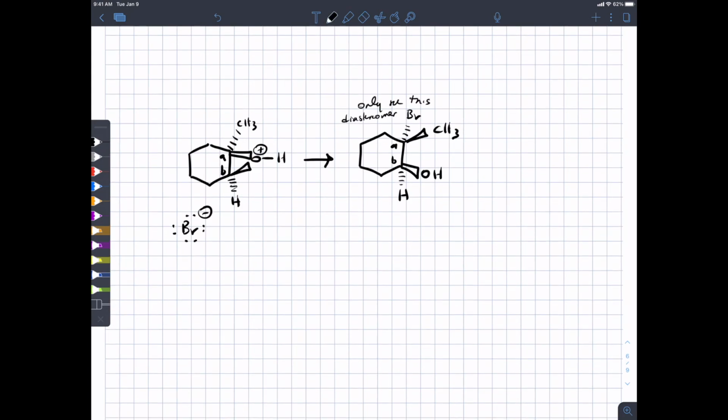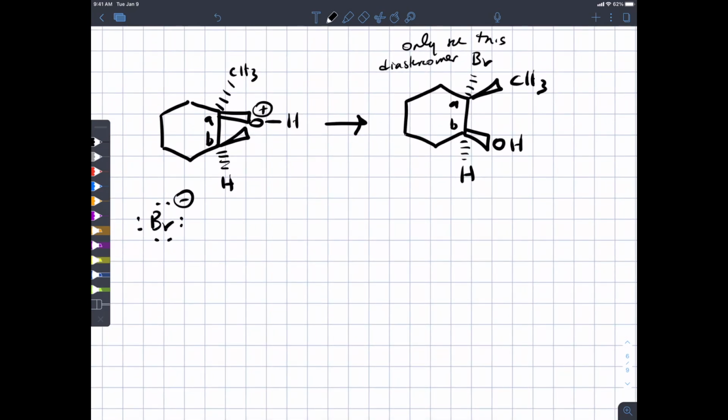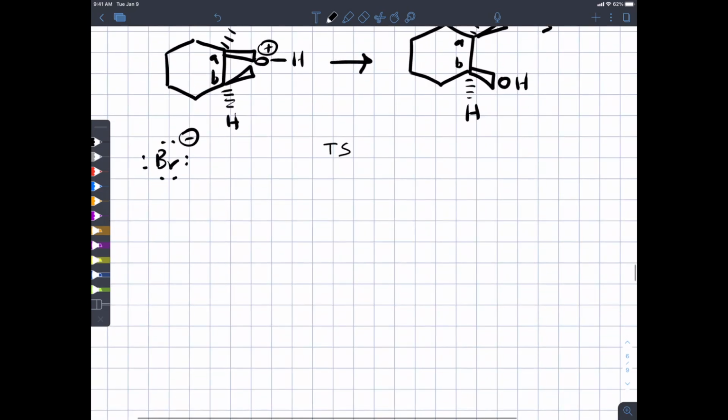So briefly, a concerted reaction is one in which there's only one transition state. A concerted asynchronous reaction is one where there's only one transition state, but not all the bonds are the same percent formed or broken in the transition state.